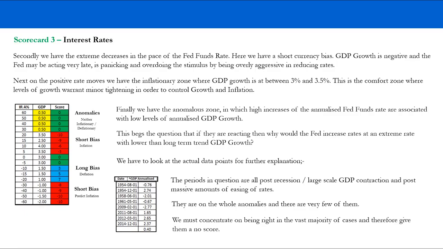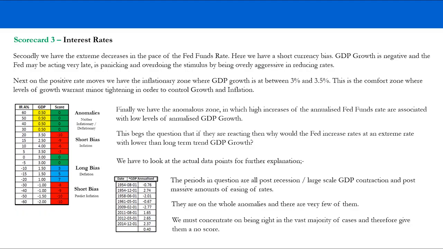We don't give them any score because they are basically anomalies. So this is how we build our scorecard when we're building out systematic processes in trading and portfolio management, especially when we're looking at things like interest rates, which are lagging indicators and telling us what's happening now in the economy.